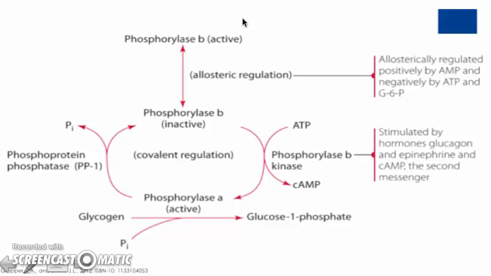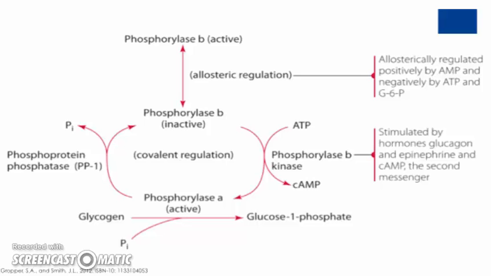Instead, it temporarily binds an allosteric activator or an allosteric inhibitor to what's called an allosteric binding site on the enzyme. This temporary binding to the allosteric binding site changes the enzyme's orientation and thus its activity.